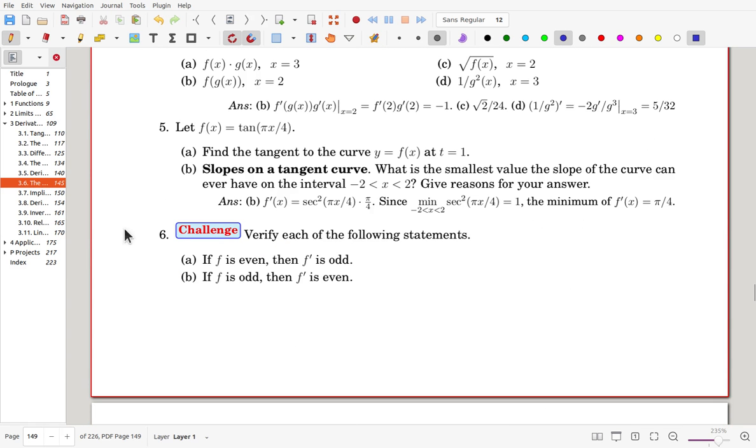Now we have a challenge problem. Verify each of the following statements. Let's focus on part A. If f is even, then f prime is odd. And the other way, if f is odd, then f prime is even. So you have to prove that.